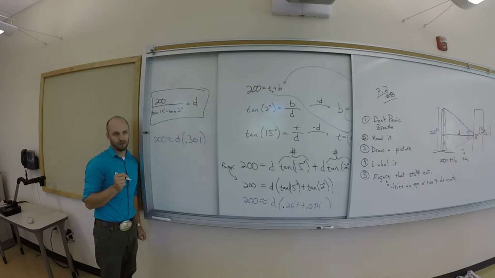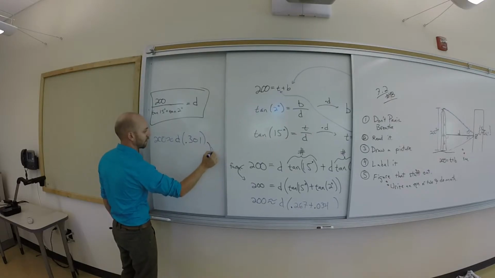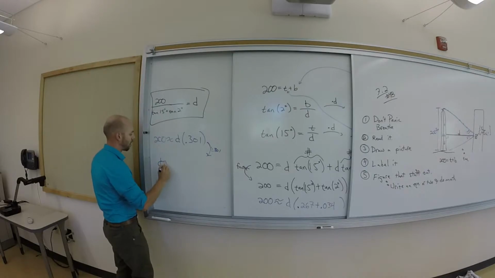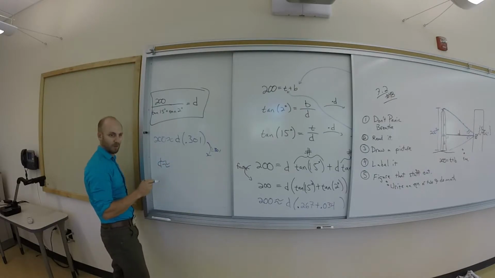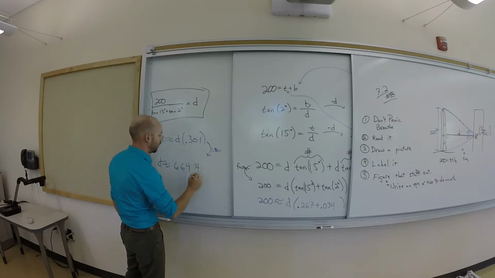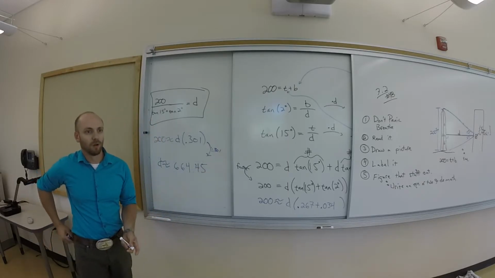So then what do I do? Divide by 0.301. Okay, so I'll get D is approximately equal to 664 and a half feet. 664.45.